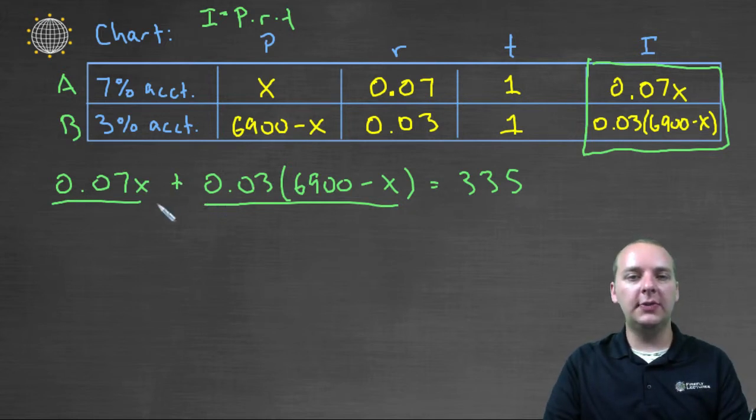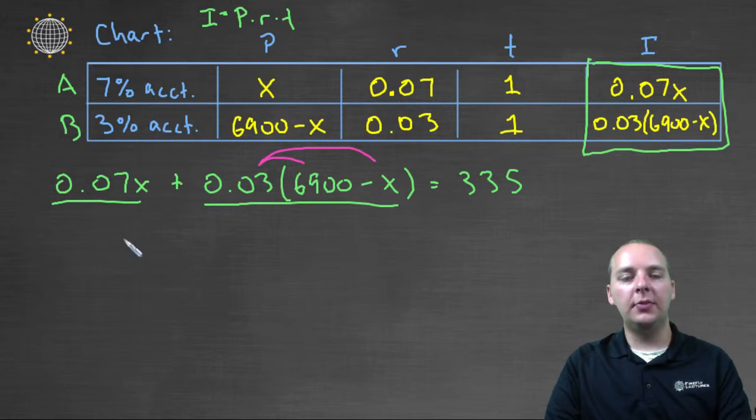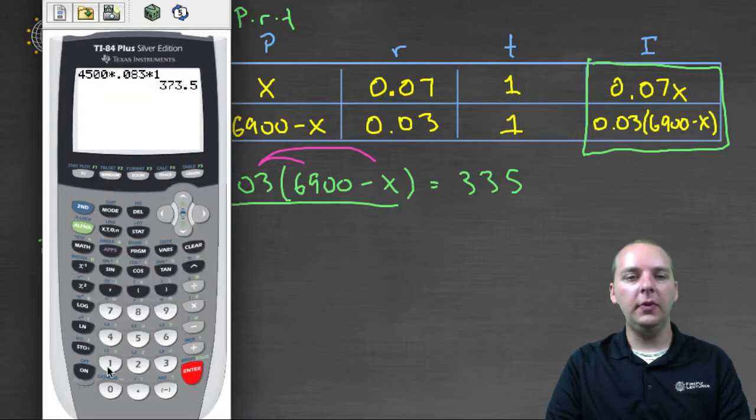So we can solve this for x. So we'll do things that we know we should do, like distribute any constants through a binomial like this, combine like terms, etc., etc. So let's do that. We'd have 0.07x plus, we need to take 0.03 times 6,900.